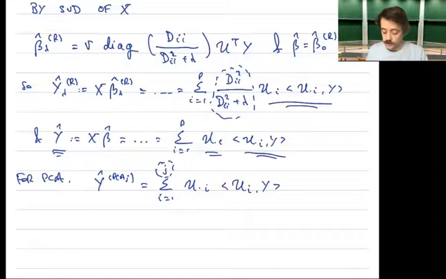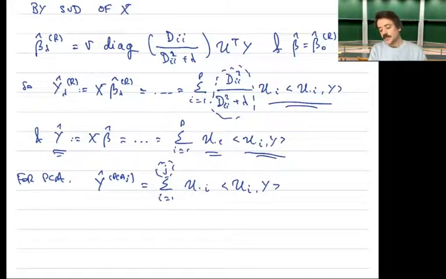Okay, so if we establish this parallelism between ridge and PCA, then the extreme case of ridge in some sense would be this PCA. And so let's think of PCA to get intuition for ridge.